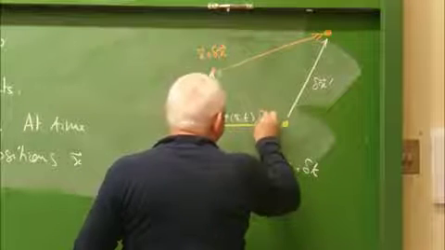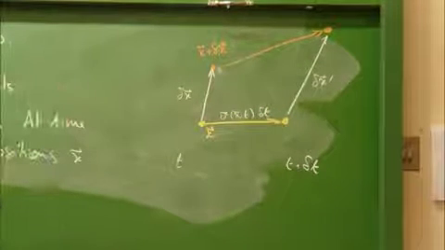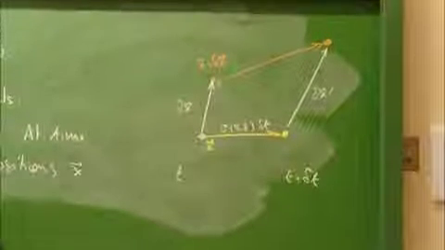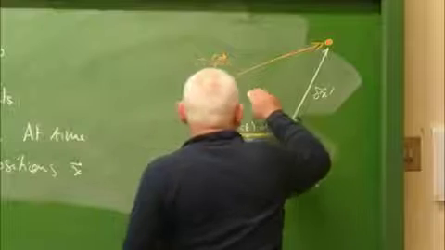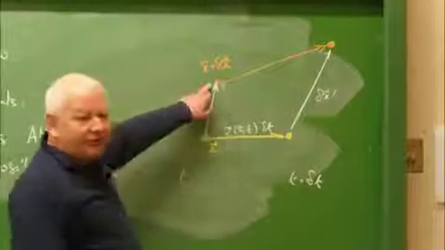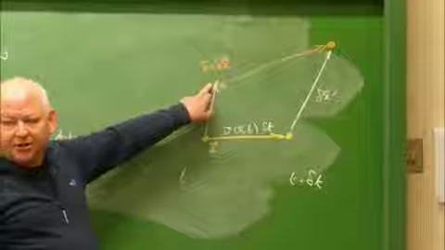If I multiply that by the time delta t, I get the displacement of that point. For the orange particle, I need to find the velocity of the orange point at time t.